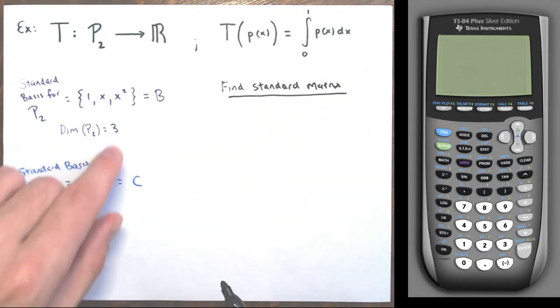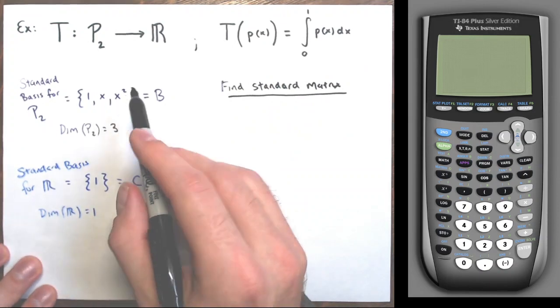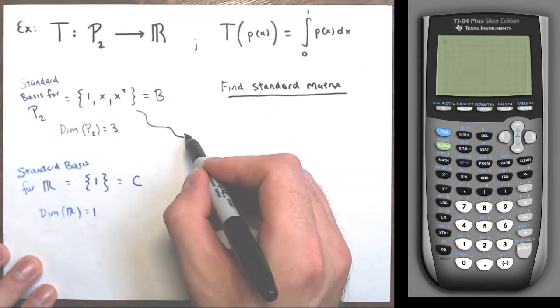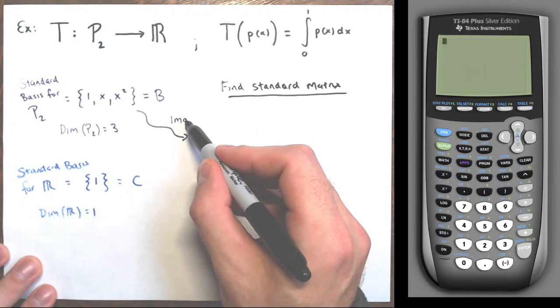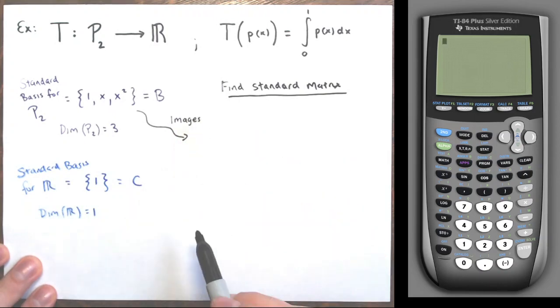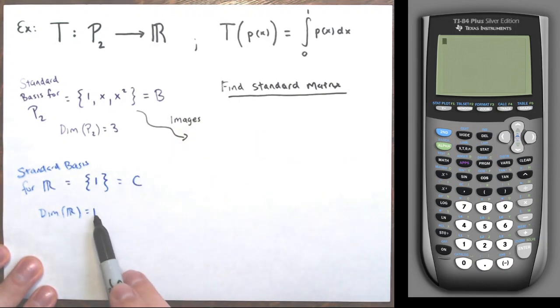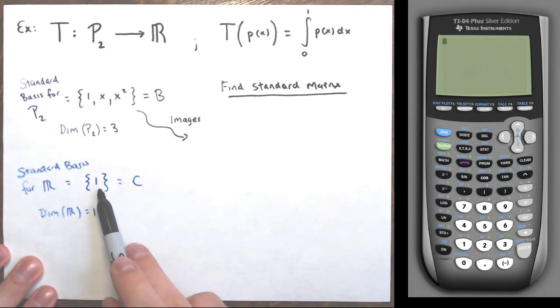That's where I take the standard basis for the domain, and we find their images, and then write their coordinates with respect to the standard basis for the codomain. But since the standard basis for the codomain is only the number 1, this is going to be pretty simple.